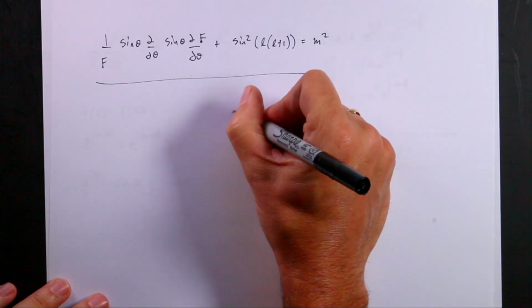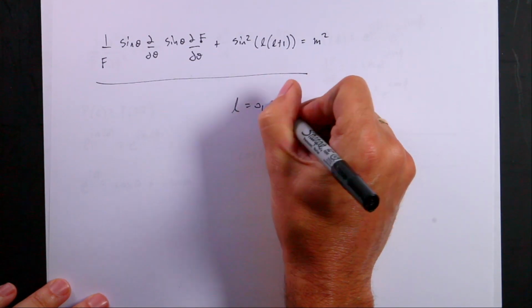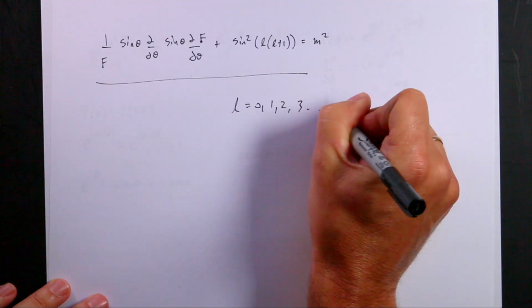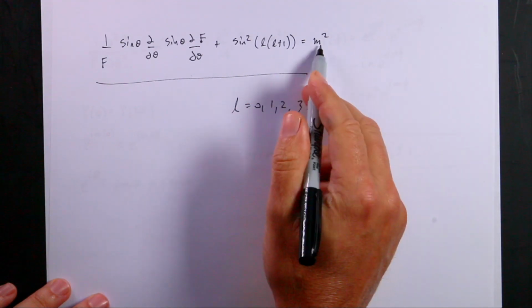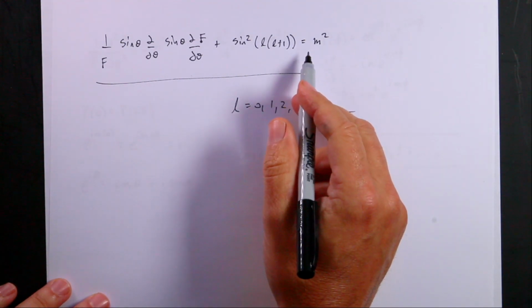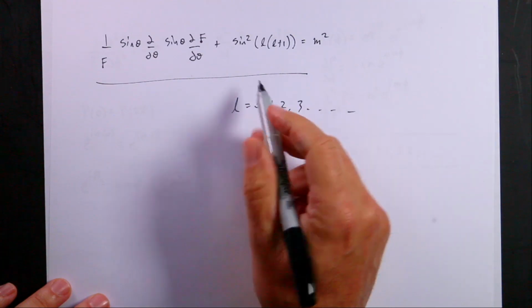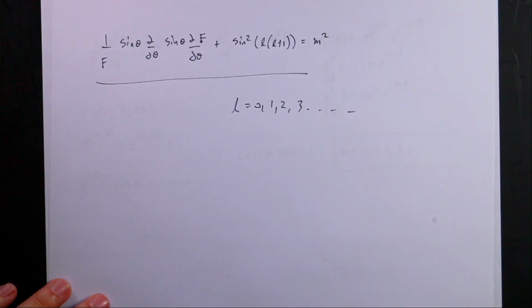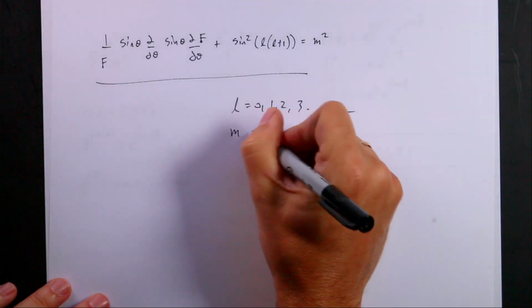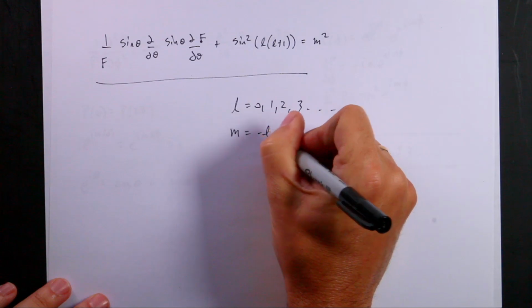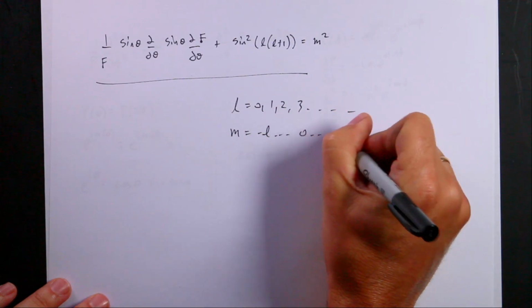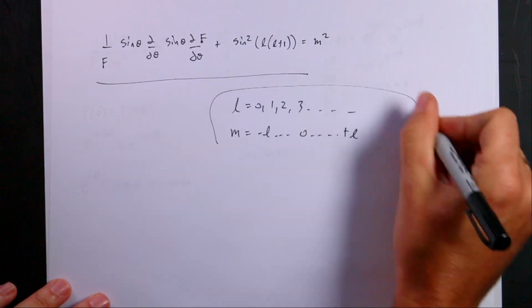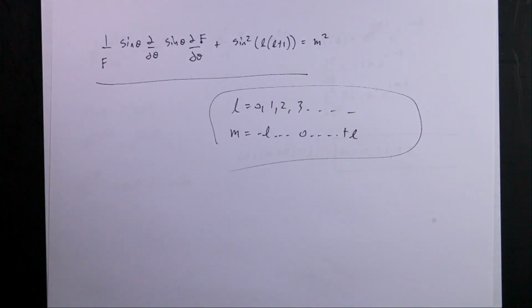So L from the solution can be 0, 1, 2, 3, and so forth. And then m, because it has to do with derivatives and polynomials, and you can't take a derivative of a power more than that polynomial, can be anywhere from negative L up through 0 to positive L. Those are your quantum numbers, and those are important.